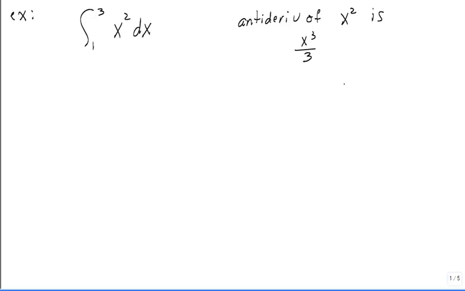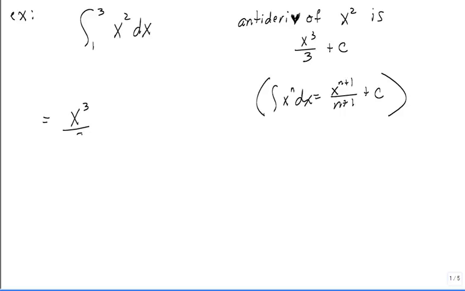We proved that using the Riemann sums in this lecture previously, or you can just use the rule: the integral of x to the n dx is x to the n plus 1 over n plus 1 plus c. Okay, so what we do is take the antiderivative and we evaluate it from 1 to 3.